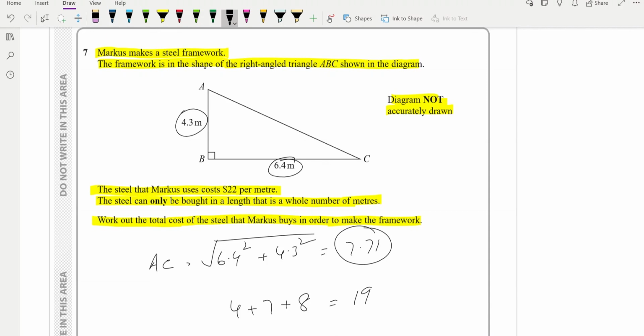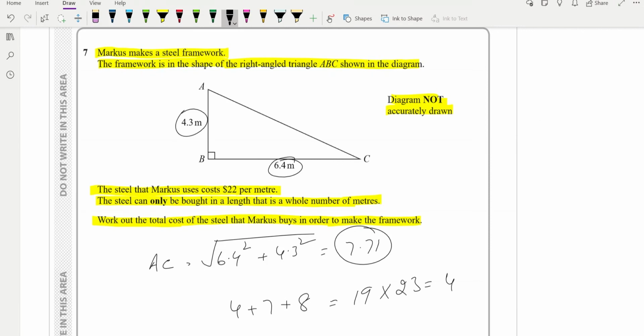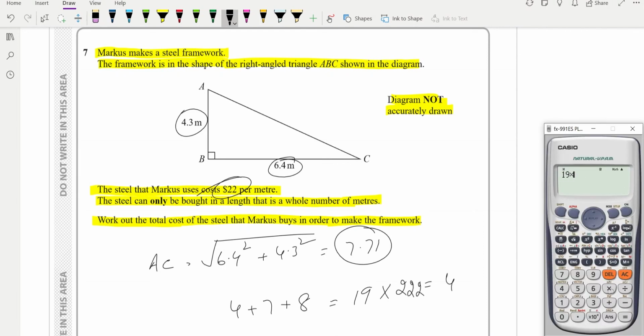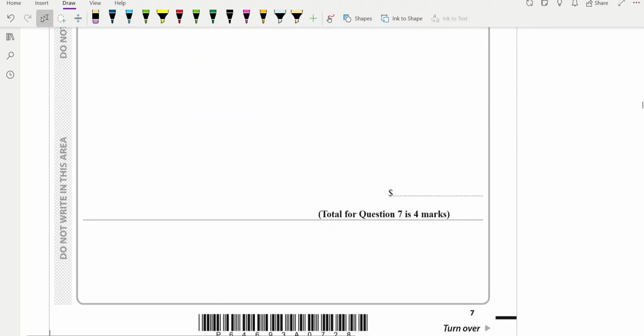So we can buy 19 multiplied by 22, not 23, the price is $22. So 19 multiplied by 22 is equal to 418, so $418 will be the answer for this question. We are done with this question as well.